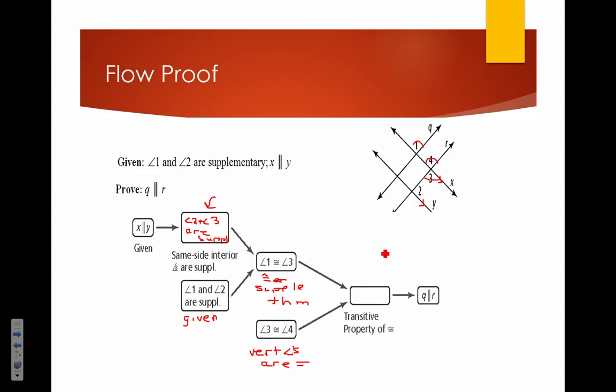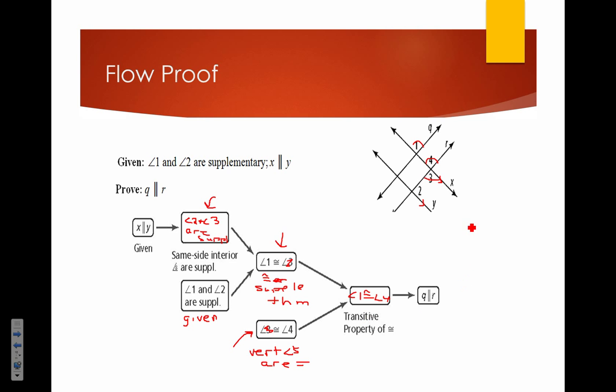Then we are going to use the transitive property that says angle 1 is congruent to angle 4. So these two taken together, we're going to get rid of the middleman, right? That gives us angle 1 congruent to angle 4.